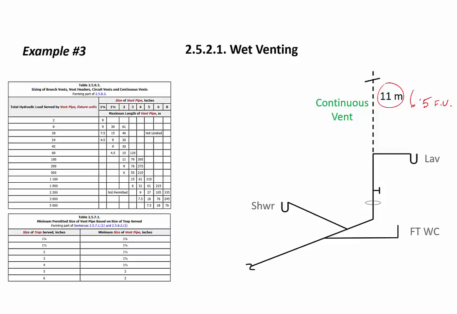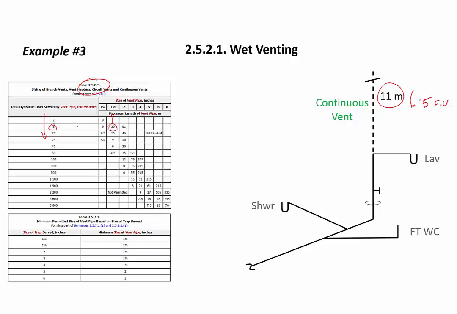So again, the method with this table 2583 is we look up this load first. So we vertically go down this column looking for a load of 6.5 or greater. We can stop at 8. It says if the length of our vent does not exceed 9 meters, we can use 1.25". And if the length of our vent does not exceed 30 meters, we can use 1.5".